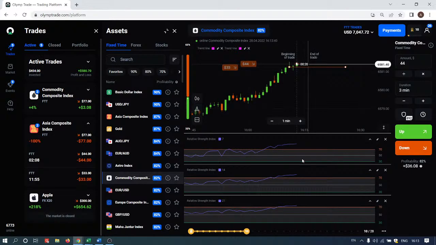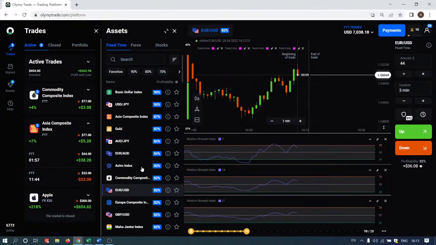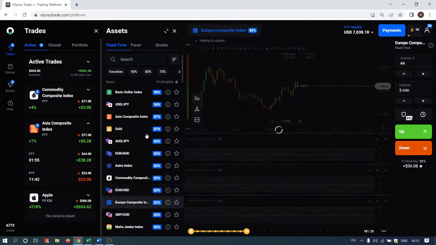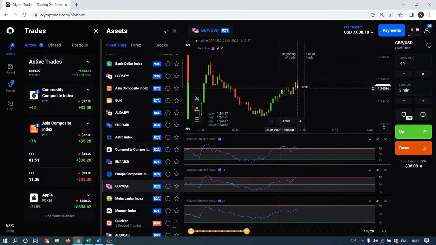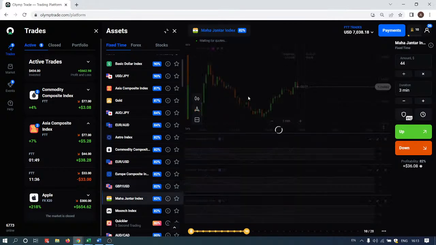Let's open another one. Overbought setup here on the Commodity Composite Index. So how did I get motivated? You only need to stay motivated before you start making money consistently.